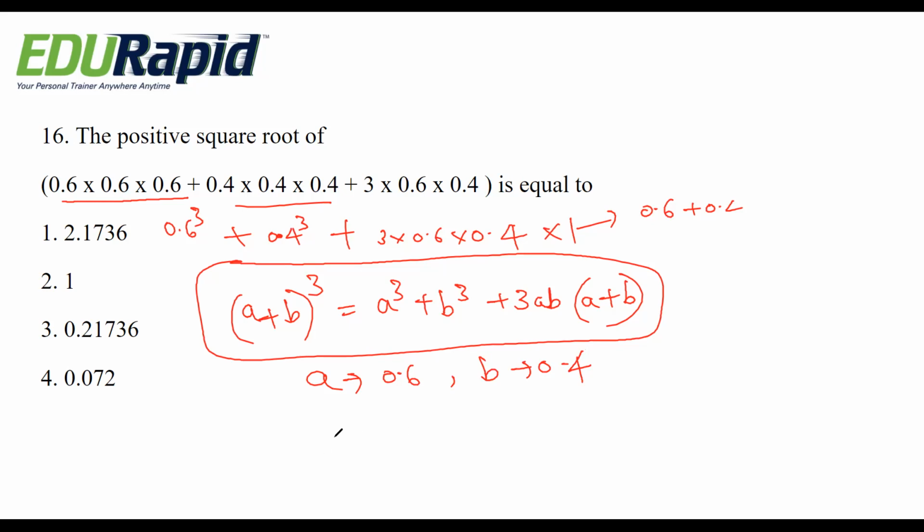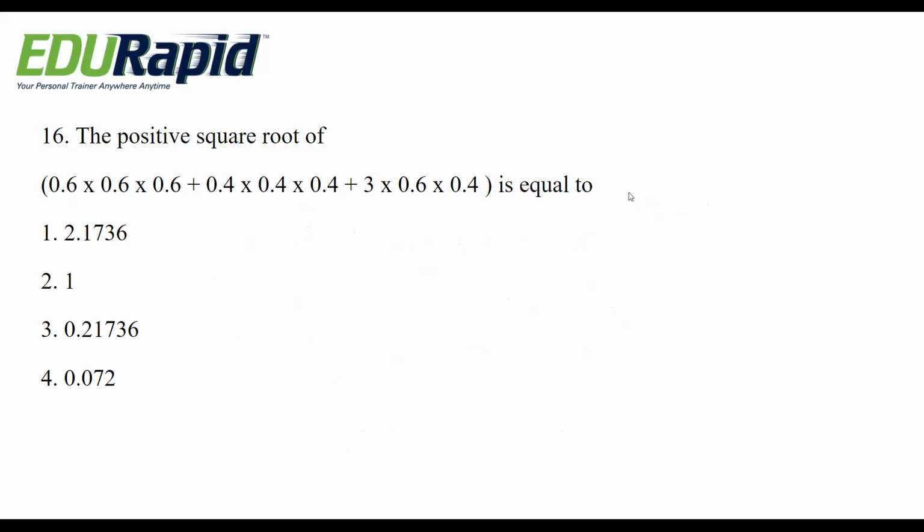So this becomes 0.6 plus 0.4 whole cube, that is 1 cube, which is 1, the answer. Very simple problem. It looks like a different one, with 0.6 and 0.4 like that, but if you identify the factors and solve, it is very easy.